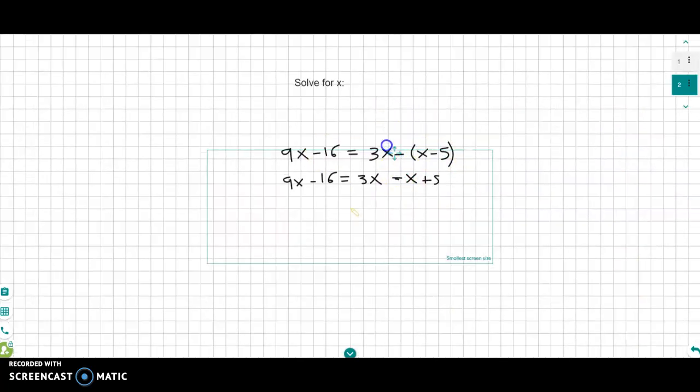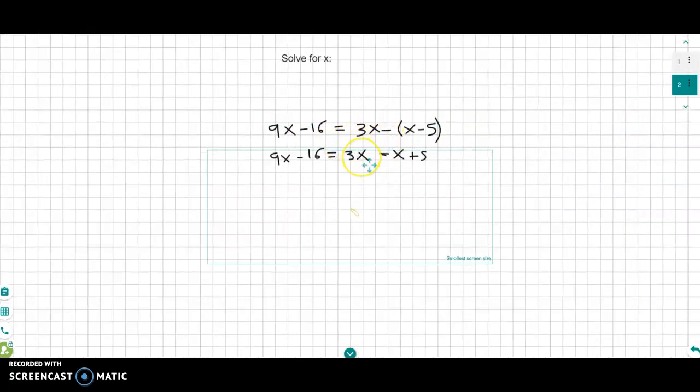So we can check now if we can combine like terms. But in this case, to the left of the equation, we don't have any like terms, but to the right, we have 3x minus x. They are like terms because both of them have x. So we can subtract 3x minus x, that makes 2x.